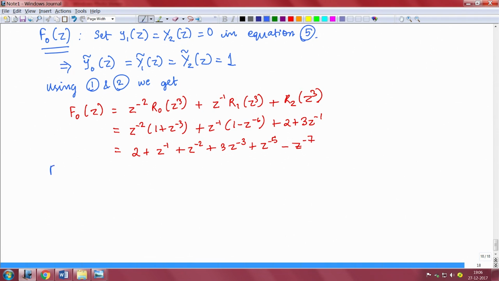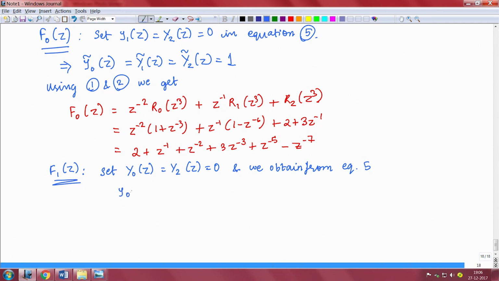So, similarly let us compute f1 of z. So, again here we set y0 of z and y2 of z to be equal to 0, and we obtain, basically from equation 5, y0 tilde of z is 1, y1 tilde of z is omega, y2 tilde of z is omega square.